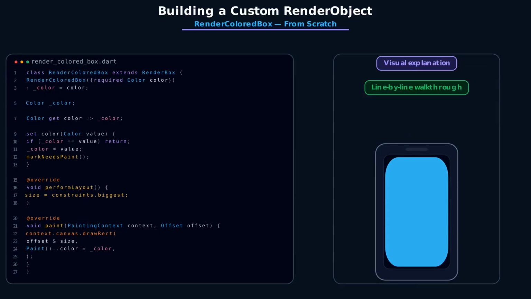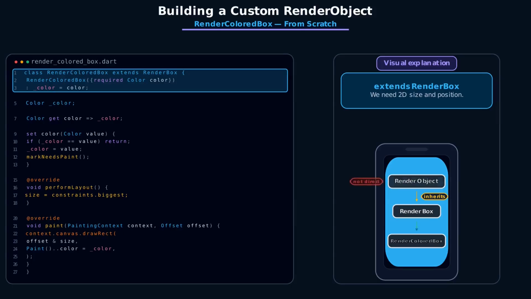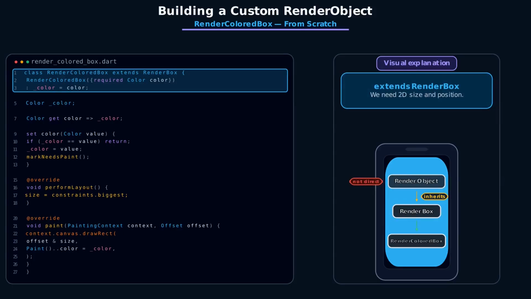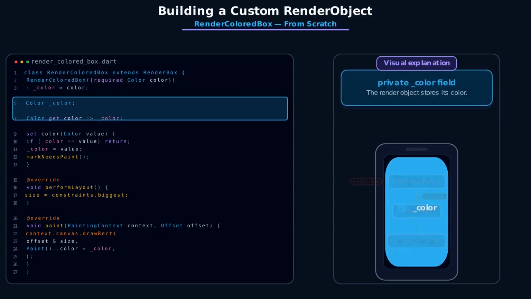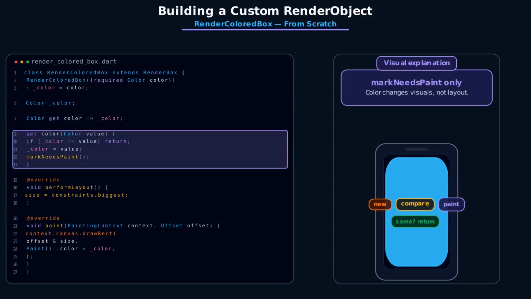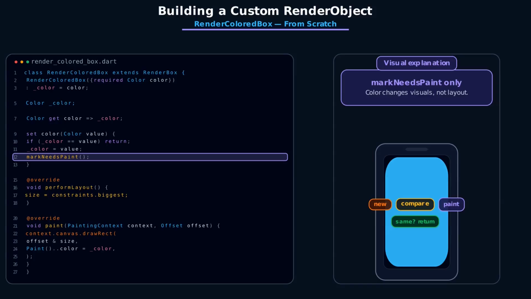Let's walk through this line by line. First, we extend RenderBox, not RenderObject, because we want the 2D system. We store the _color field privately and expose it through a getter and setter. In the setter, we call markNeedsPaint when the color changes, because changing color only requires repainting, not relayout.